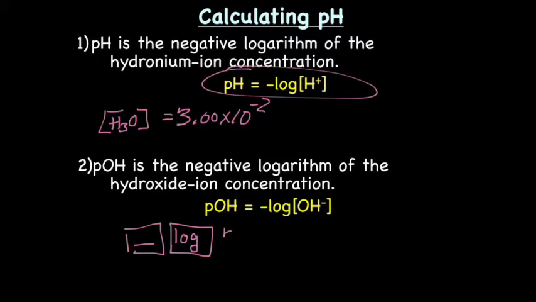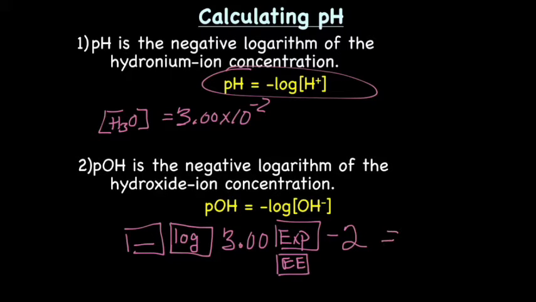And then you would put in 3.00 and your EXP or EE button, negative 2 equals. Okay? And that gave me an answer of 1.52287 and so forth.